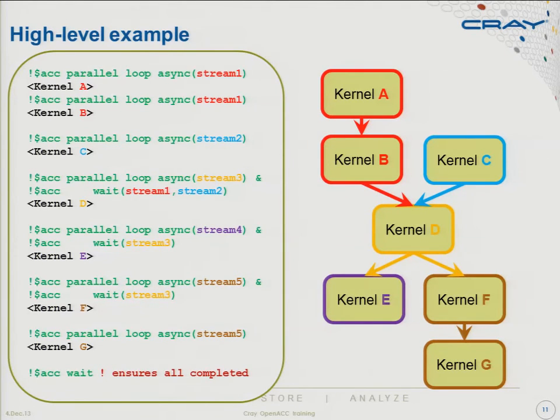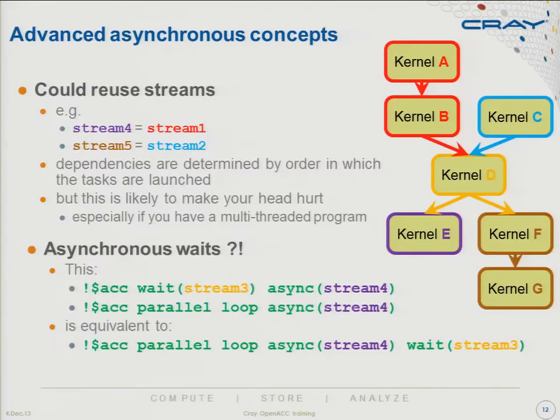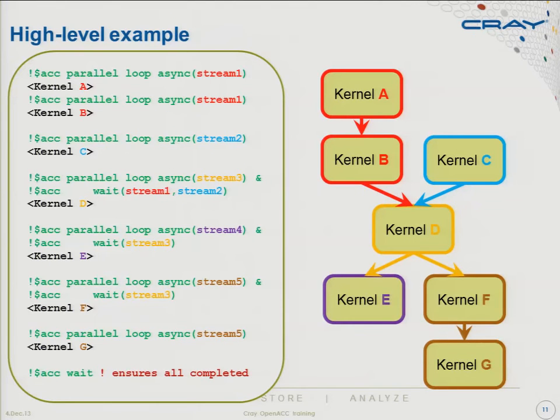In the programming model, you can put this dependency tree in. It might decide to do A, then B, then C, then D, then E, then F, then G. And that would respect that dependency tree, but it hasn't taken advantage of any potential overlap between these streams here.